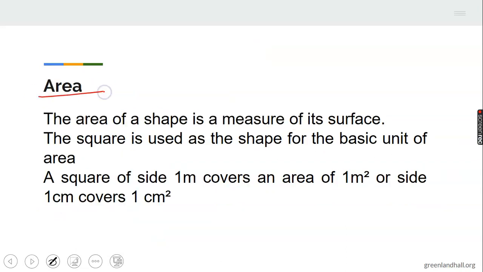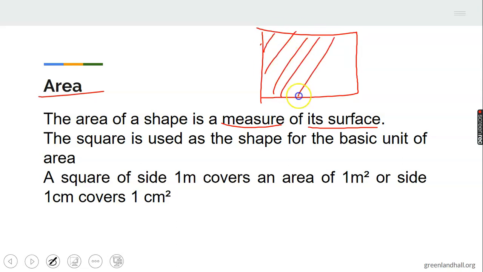Now, area. The area of a shape is the measure of its surface. Take for instance, you have a rectangle like this. The surface of one face is what we call area.